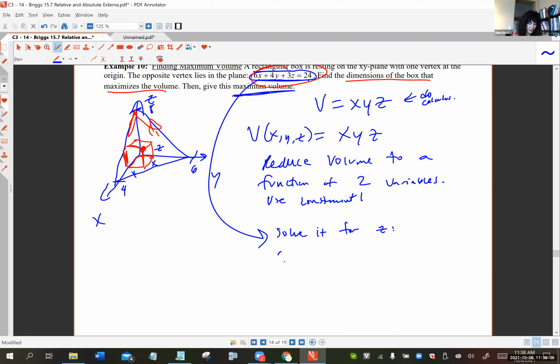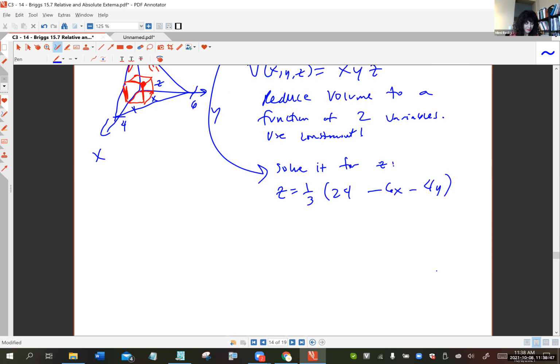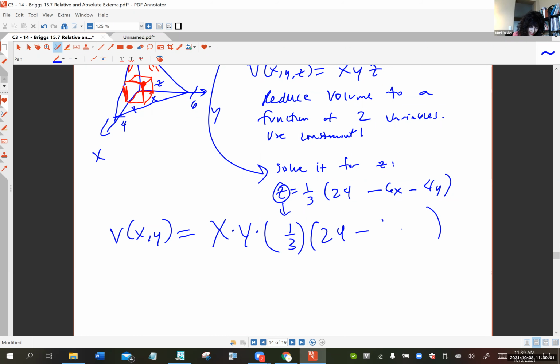When I solve this plane equation for Z, I get 1/3 times the quantity 24 minus 6x minus 4y. That's pretty gross, I know. So then your volume equation, as a function of x's and y's, is x times y times z, but you plug in this 1/3 times 24 minus 6x minus 4y. That's the function you're going to do calculus on.